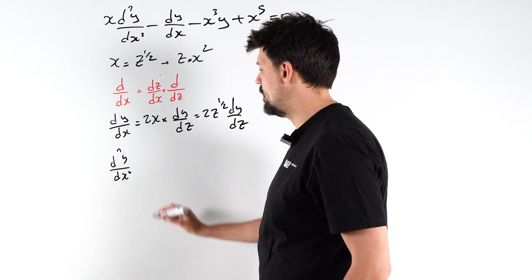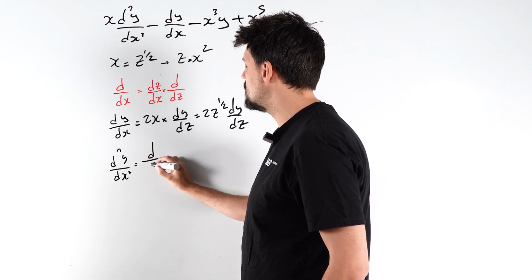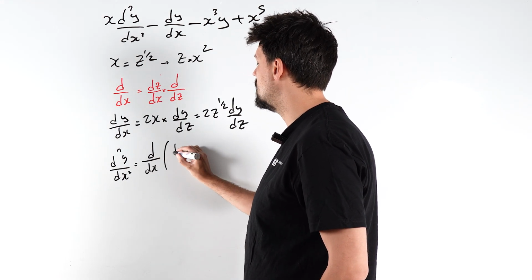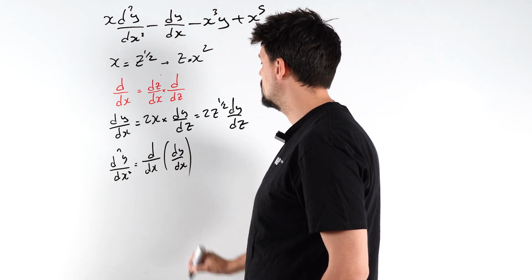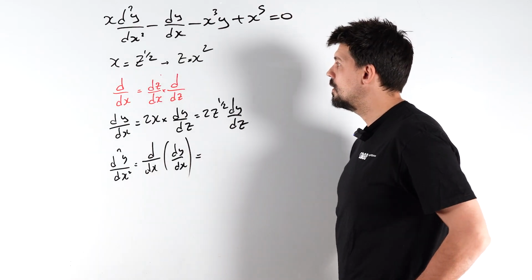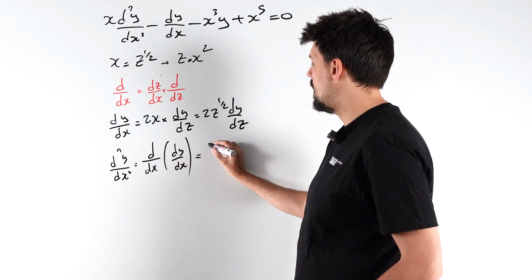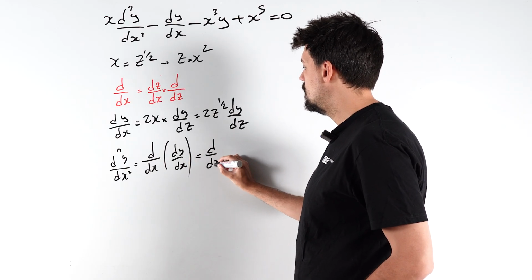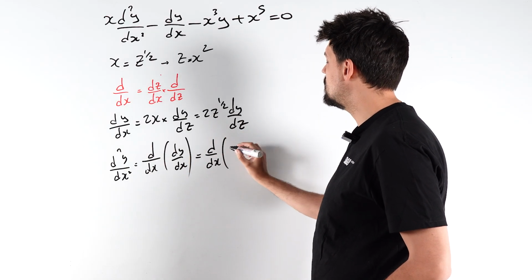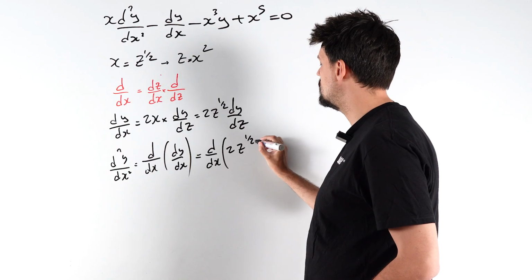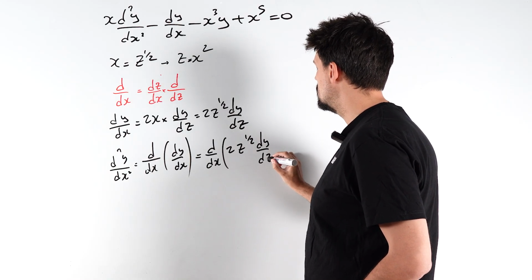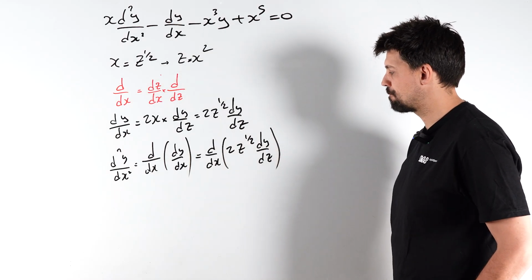The second derivative, well, that is just the derivative of dy/dx, which I just said is 2z to the half dy/dz.